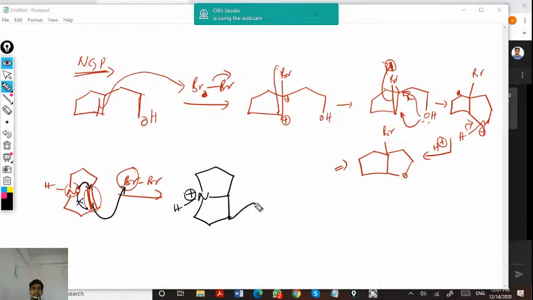And this bond is going to attack on the bromine. So it will become bromine and Br minus is left. Now the H plus is also going to leave as an acid, as H plus, so that it will stabilize the system. So this will be the product.